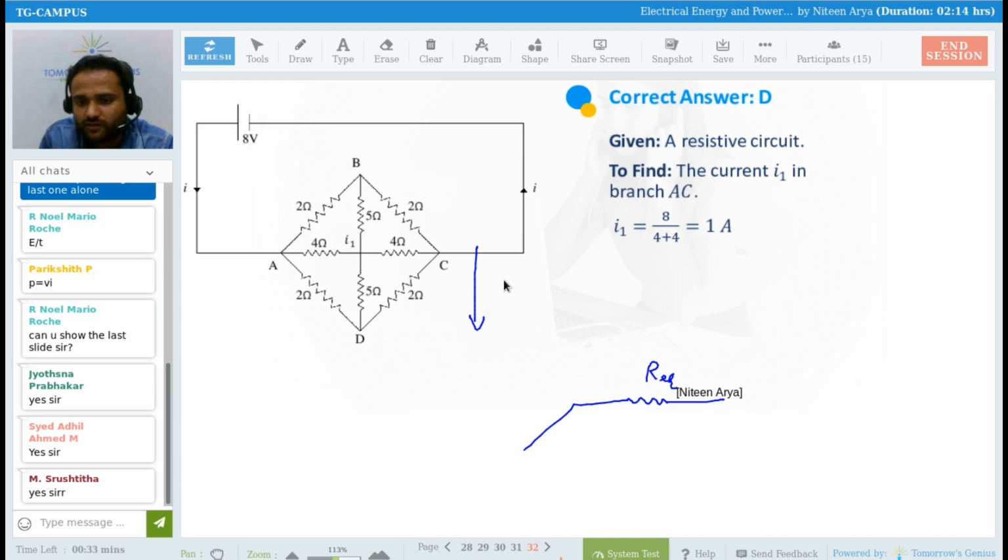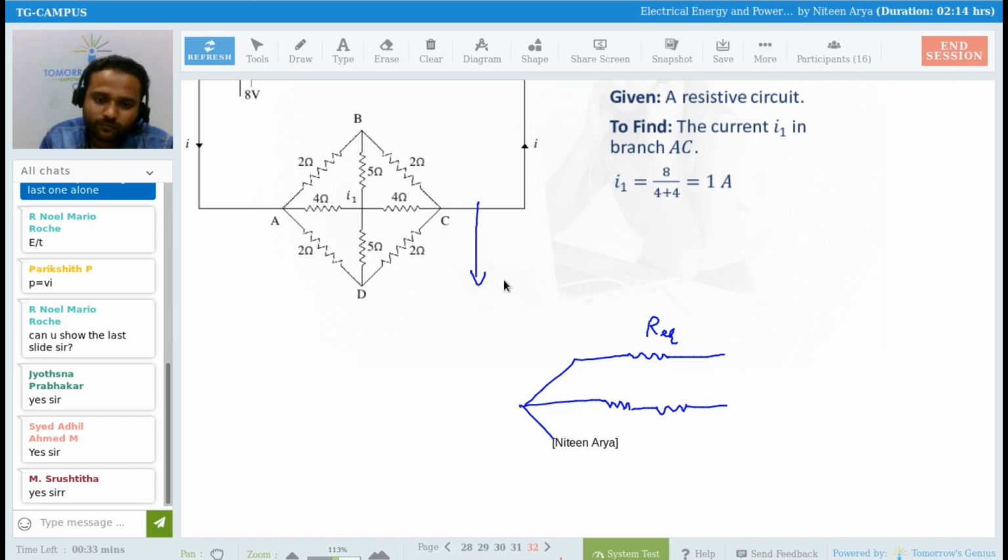This is R equivalent. I'll attach it in the same way. 4, 4.